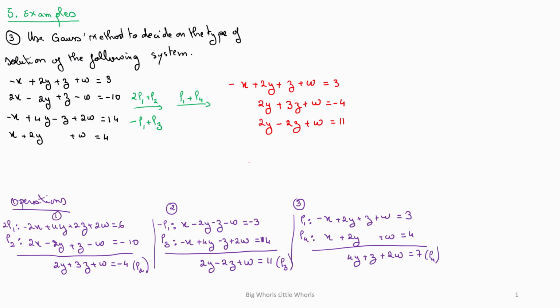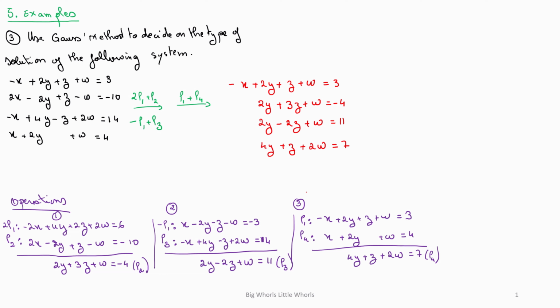And our new row 4 is 4y plus z plus 2w equals 7. So that's how we have successfully eliminated the x's in row 2, row 3 and row 4 by using the x in row 1.